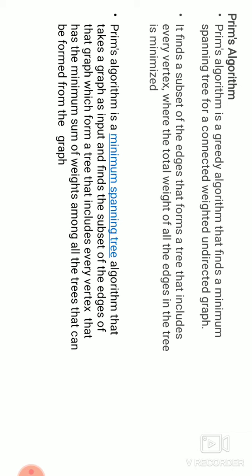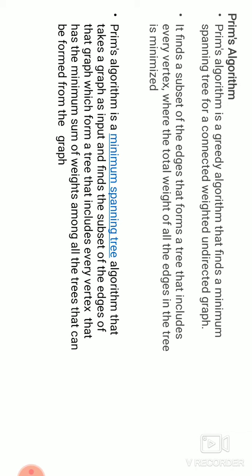Prim's algorithm is a minimum spanning tree algorithm that takes a graph as an input and finds the subset of the edges of that graph which form a tree that includes every vertex and has the minimum sum of weights among all the trees that can be formed from the graph.